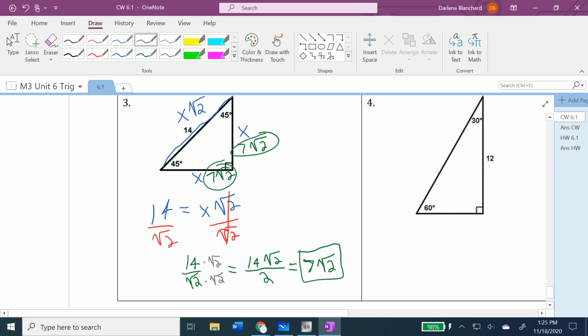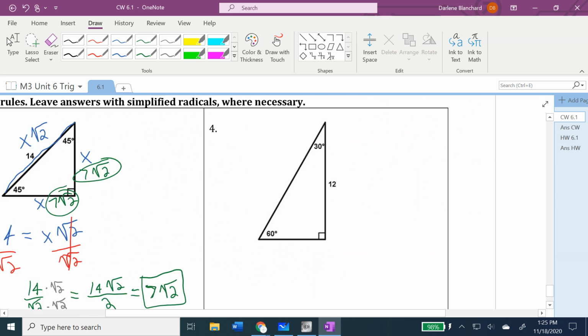Is there a way that we can simplify it further? No. 2 is a number that cannot be taken out of the square root. The only way you can write it differently is as a decimal number. Otherwise, that's as simple as you're going to write it if you stay in square root form.